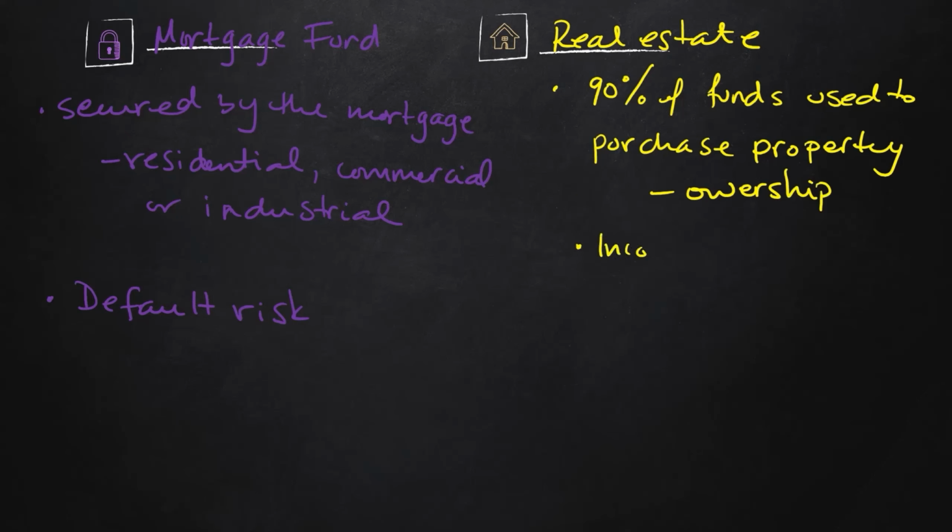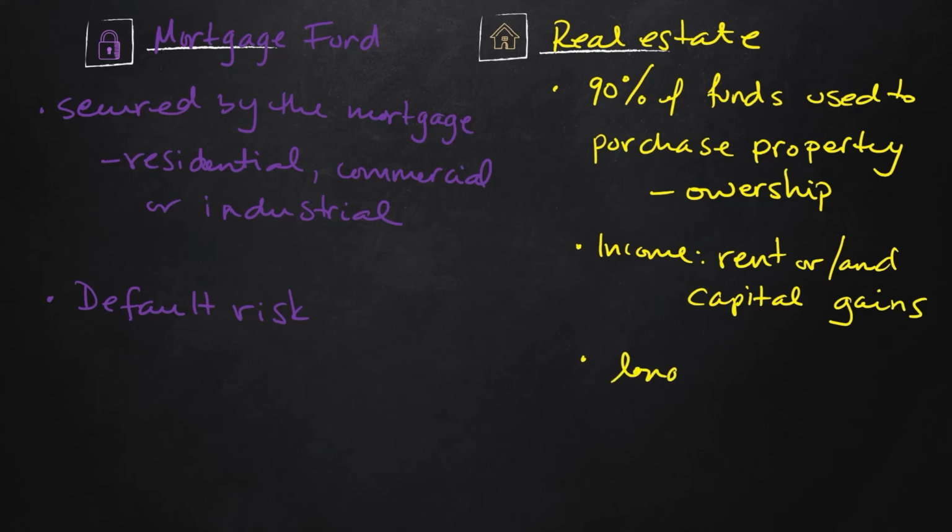And the income that comes from real estate funds is either rent or capital gains. And capital gains come, of course, when the property is sold. Ideally, when you invest in these types of funds, the property value has increased over time, and therefore you do get some capital gains when it's sold.